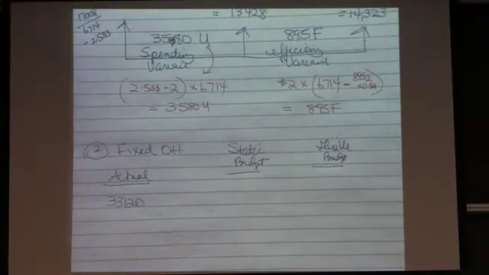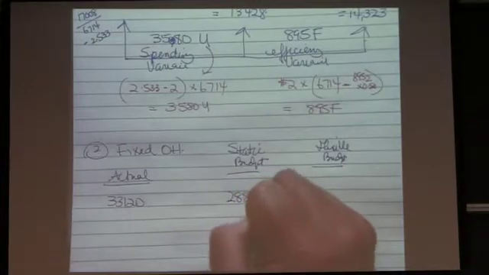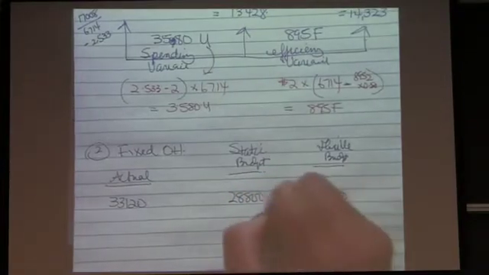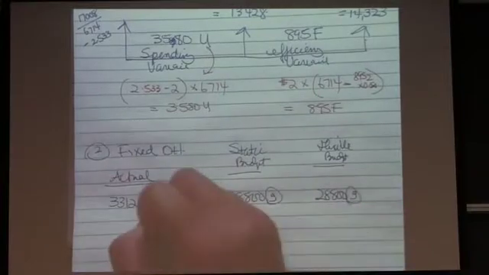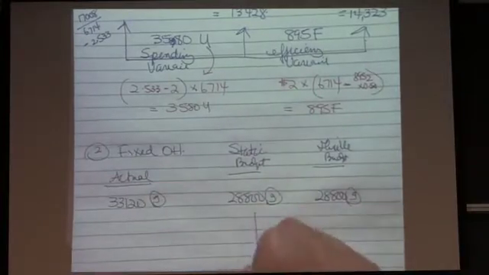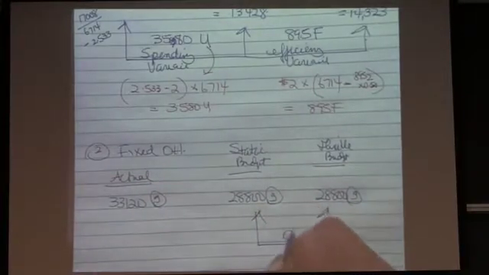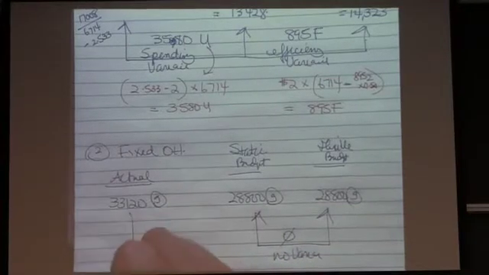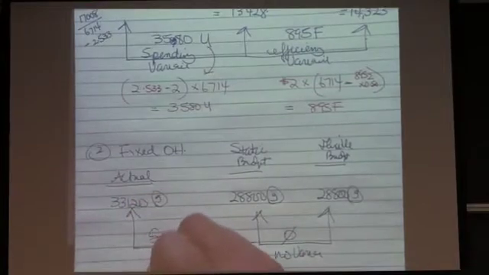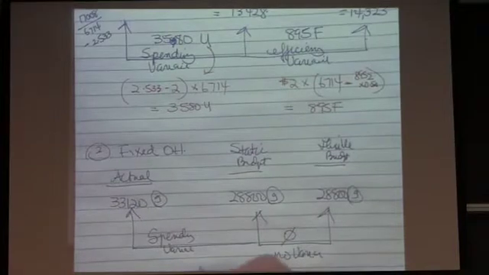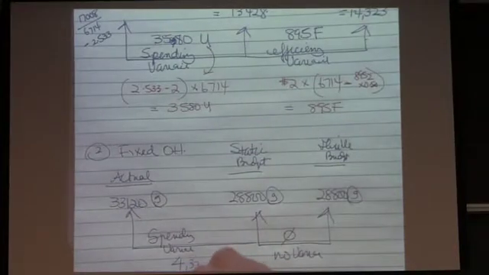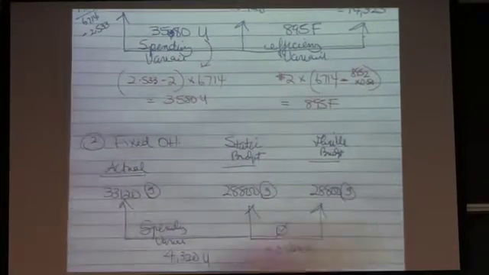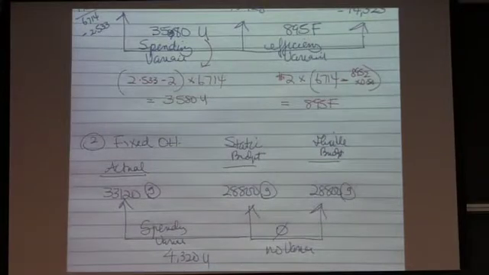So that would equal the fixed budget of 28,800. That was given to us, right? So automatically we know there is no flexible budget variance, but we do have a spending variance between these two of 4,320 unfavorable. We spent more than we should have.